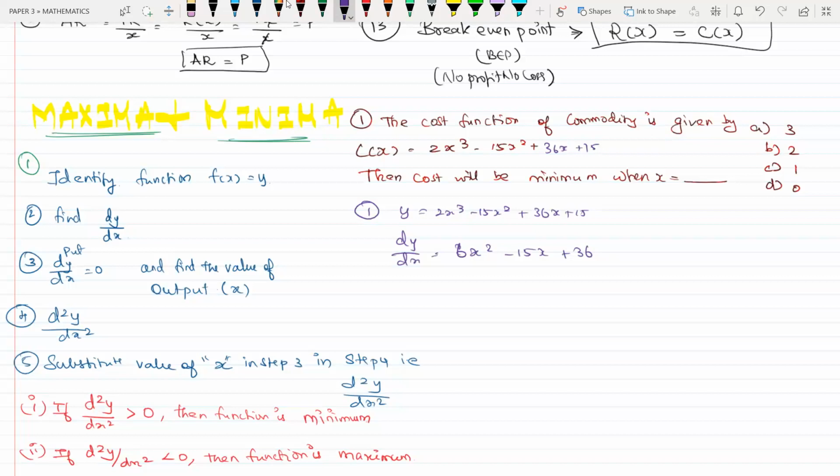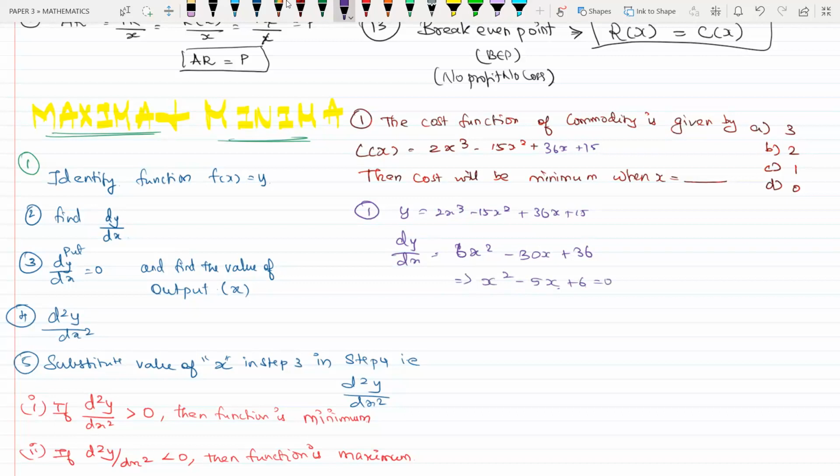Then put it equal to 0. Before that, I can take 6 common outside. If I divide by 6, it will become x square minus 5x plus 6.